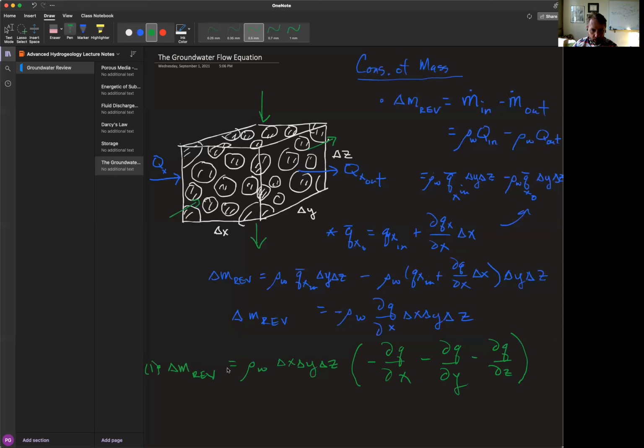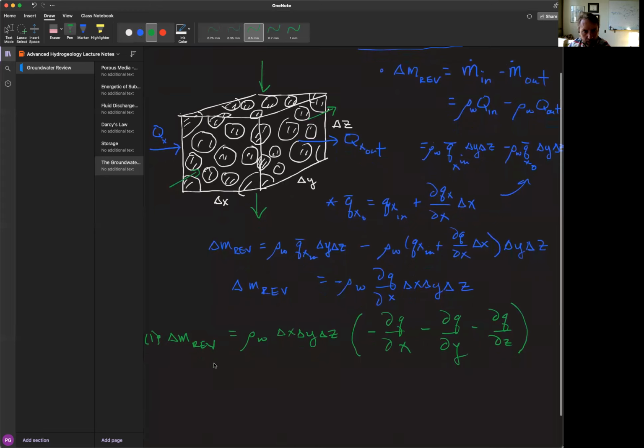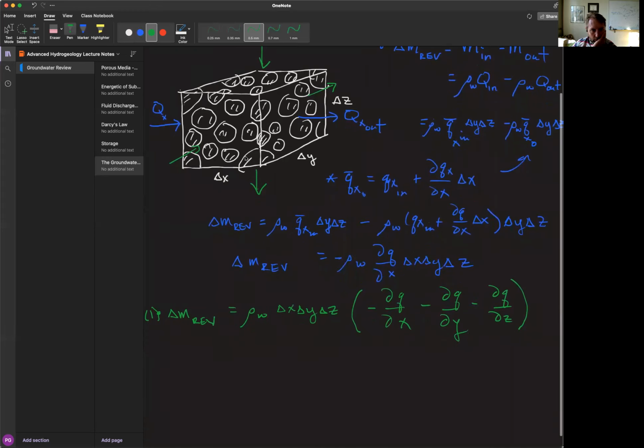All right, so now let's look at this left-hand side. What is the change in mass in the REV? Well, recall that we had an equation for the total mass of the water in an REV.